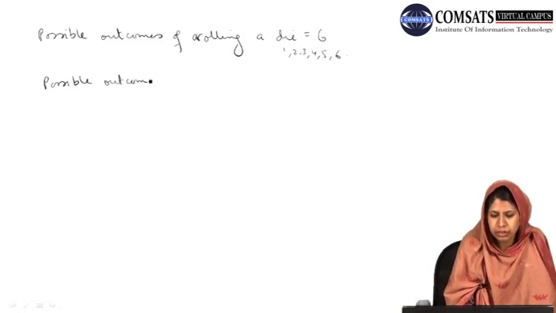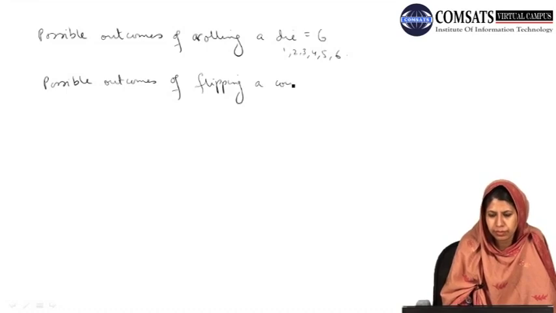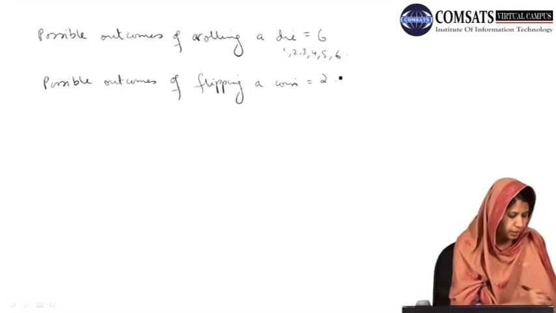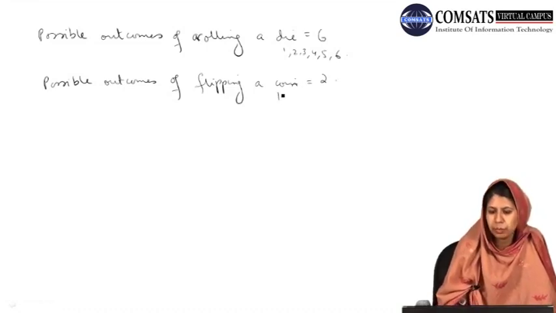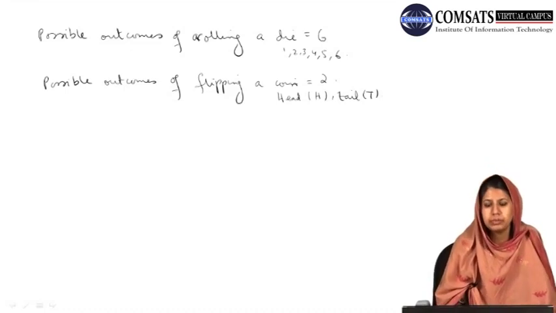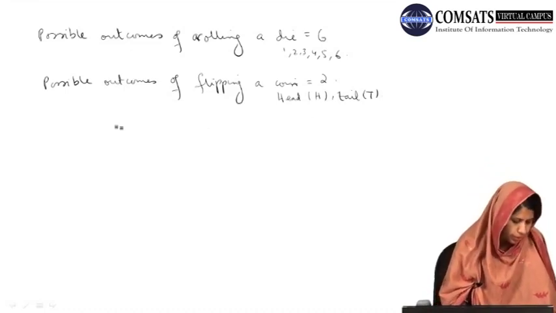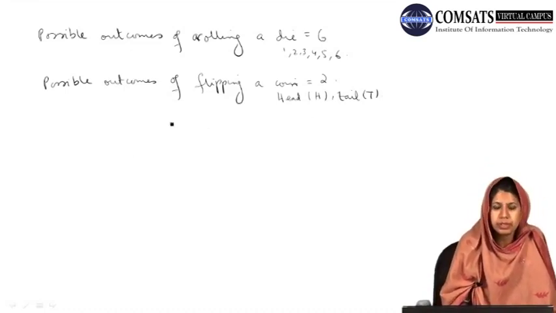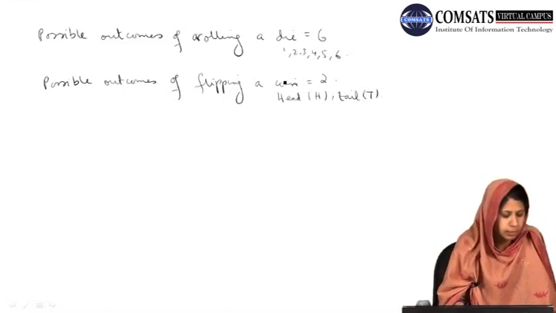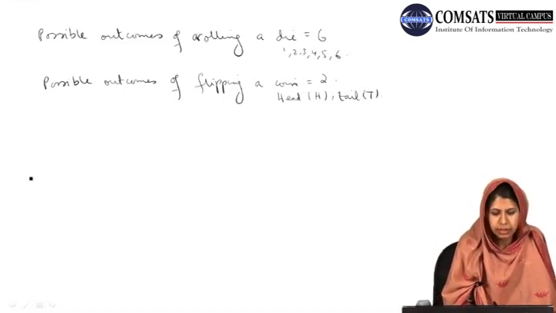The possible outcomes of flipping a coin are 2. That is, either we will obtain a head or we will obtain a tail. So the possible outcomes of flipping a coin are 2. And what are the total possible outcomes when we are playing a game in this particular order?